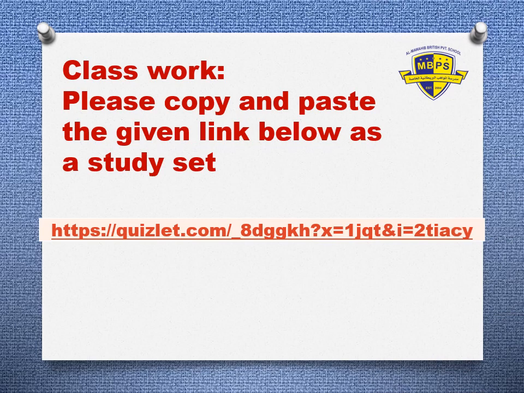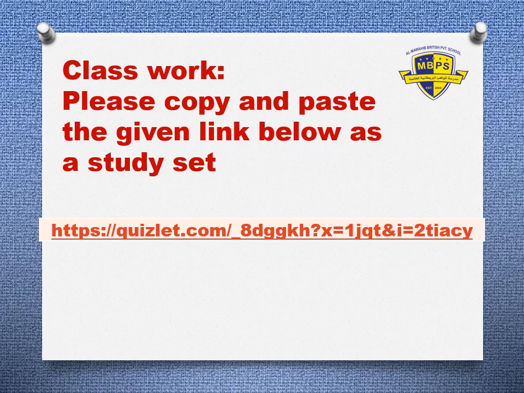Okay students, I hope you understood the topic which we did today. Now what you have to do is copy and paste the given link below as a study set, the same as you did last time when I had given it to you. Tell your parents, they will help you out.